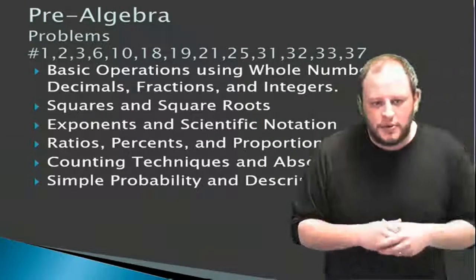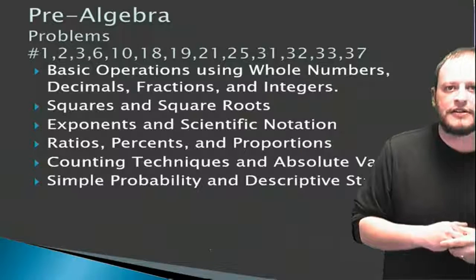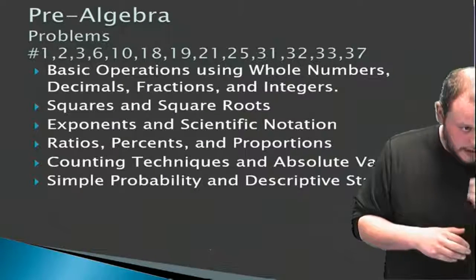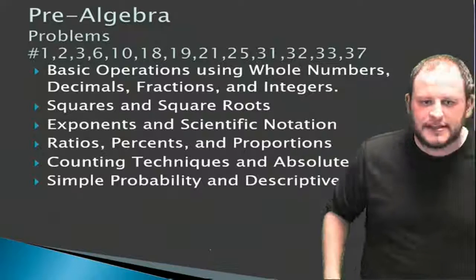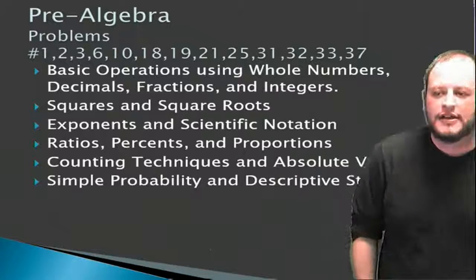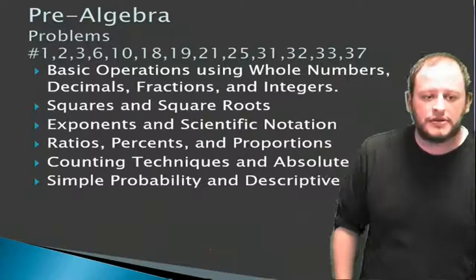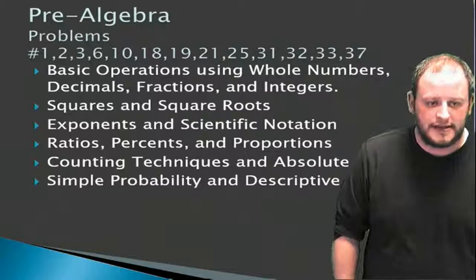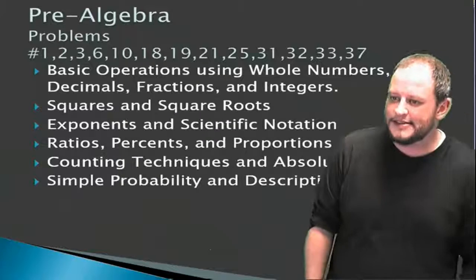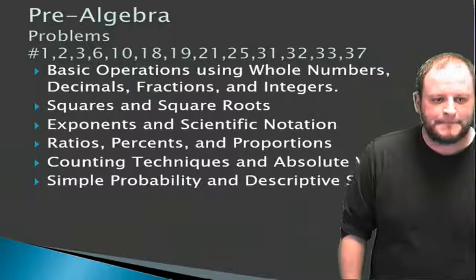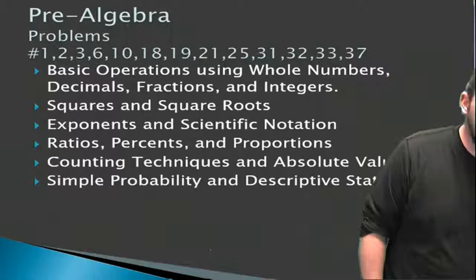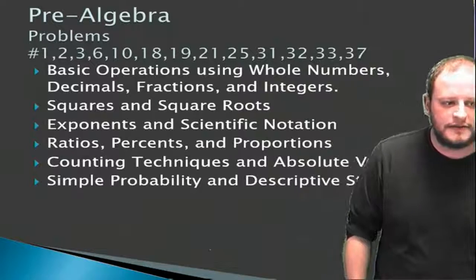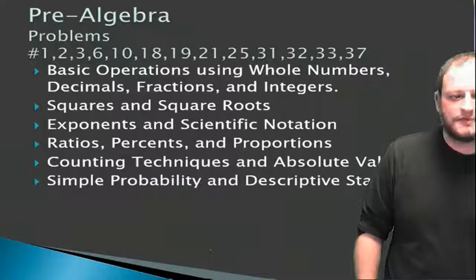Ratios, percents, and proportions. That's another big topic of pre-algebra. Calculating percentages of different numbers, setting up proportion problems so that you can find out what is to what as something else is to something else. Counting techniques, absolute value, and of course I noticed on the exam there's quite a bit of simple probability and descriptive statistics.